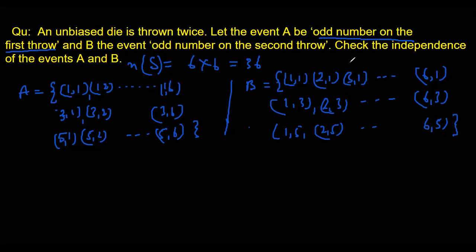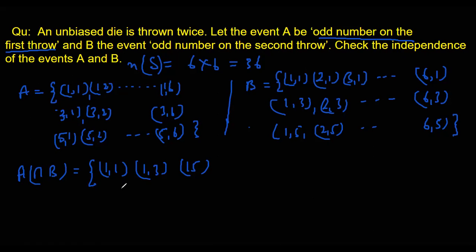So what is A intersection B? Let us write A intersection B. We see there are 18 elements in A, and 18 elements in B. A intersection B means on both dice we should have an odd number. How many such cases can be there? So it will be 1 1, odd on both, right? Then 1 3 and 1 5. Three elements will come from the first row.